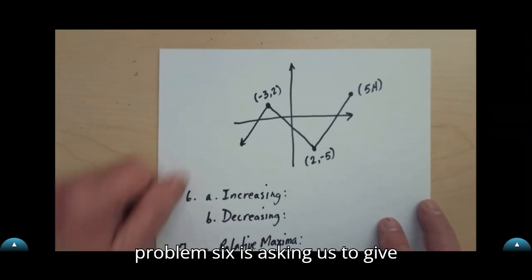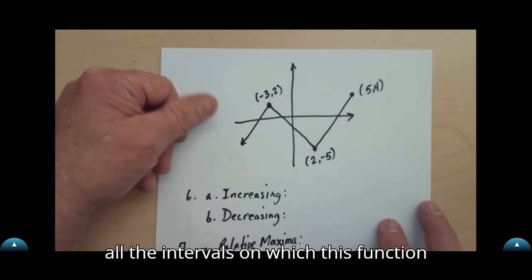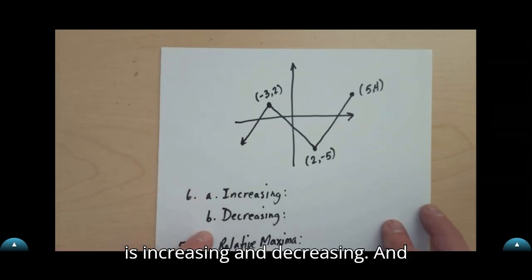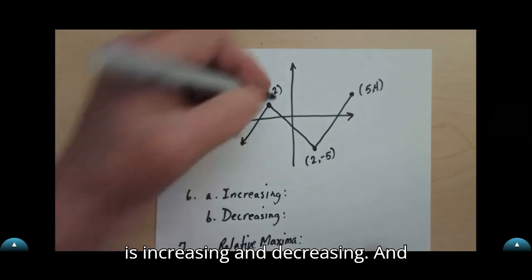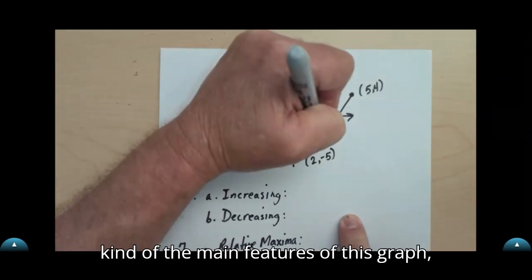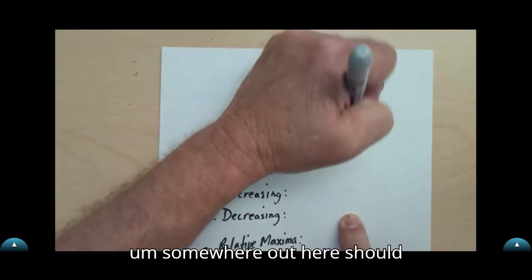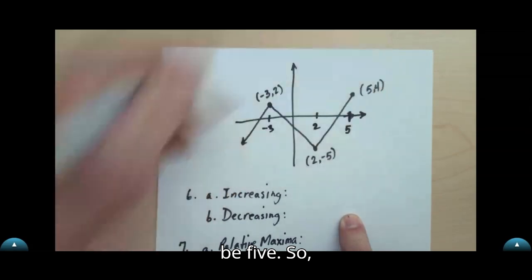So problem 6 is asking us to give all the intervals on which this function is increasing and decreasing. And I've just drawn the main features of this graph. Somewhere out here should be 5.